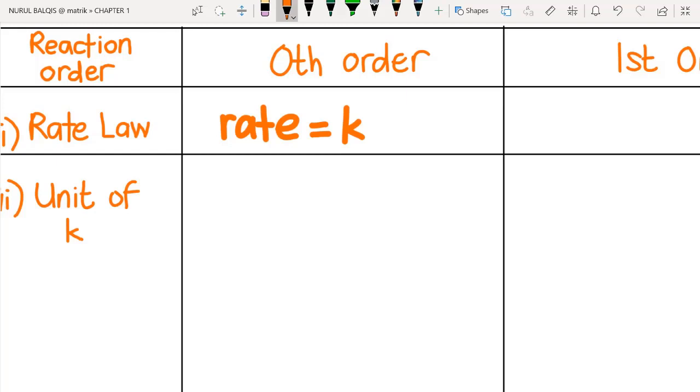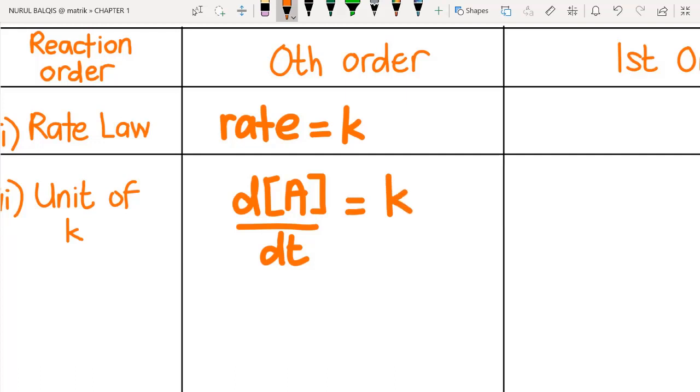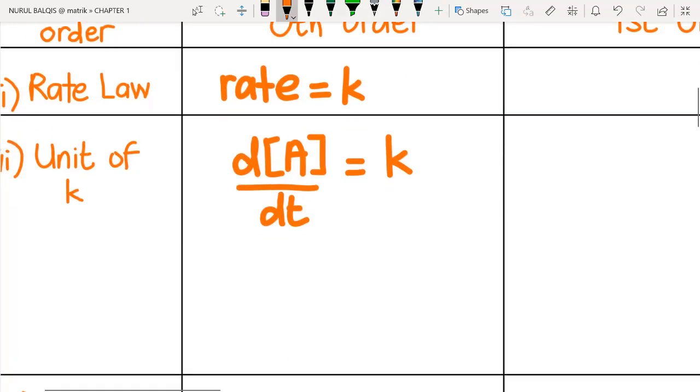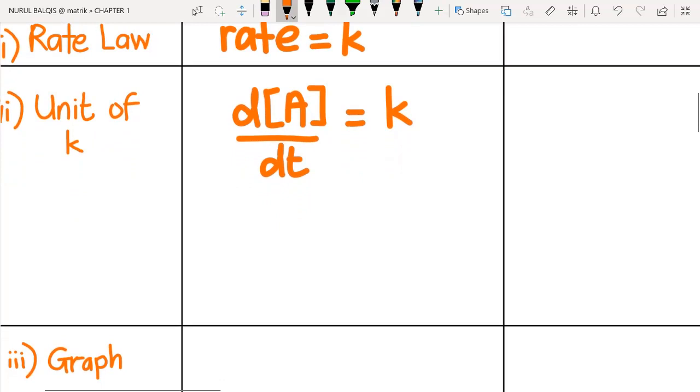So we know that our rate can be changed to dA over dt equal to K. So this dA over dt represents the unit of K. We know that concentration is mole per liter.